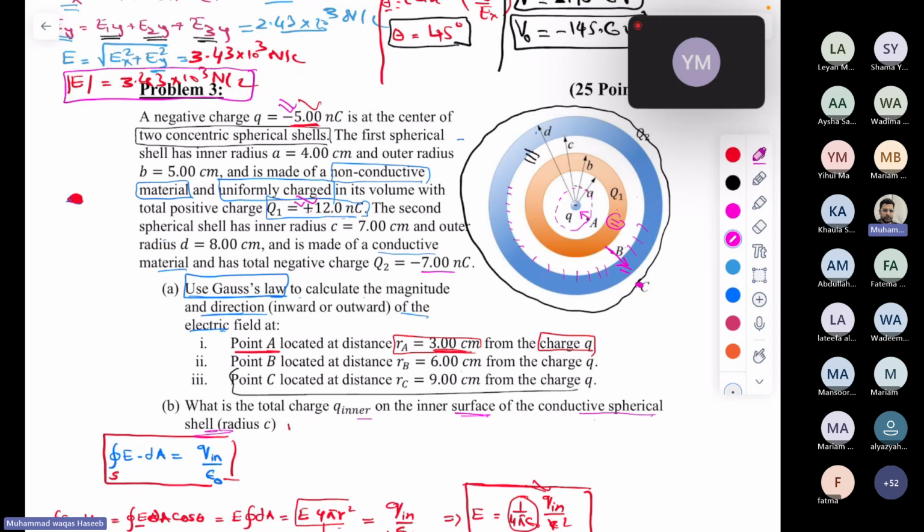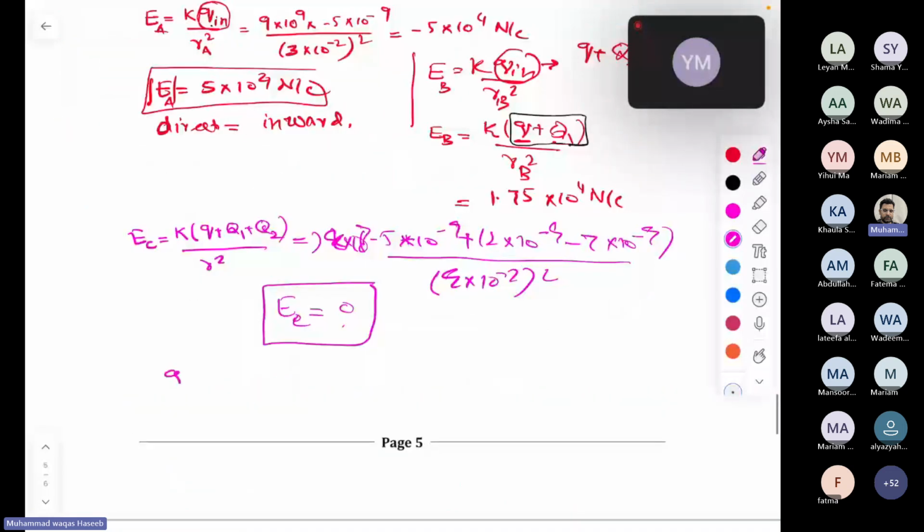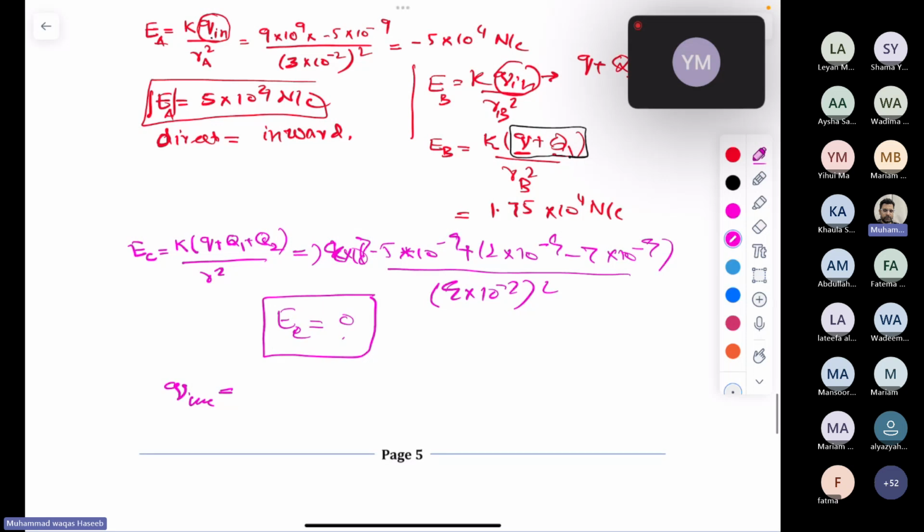Now we want to calculate what is the charge on this inner surface. So this inner surface contains these two charges, Q and Q1. So the total charge on the inner surface is nothing but Q plus Q1, with the negative sign.